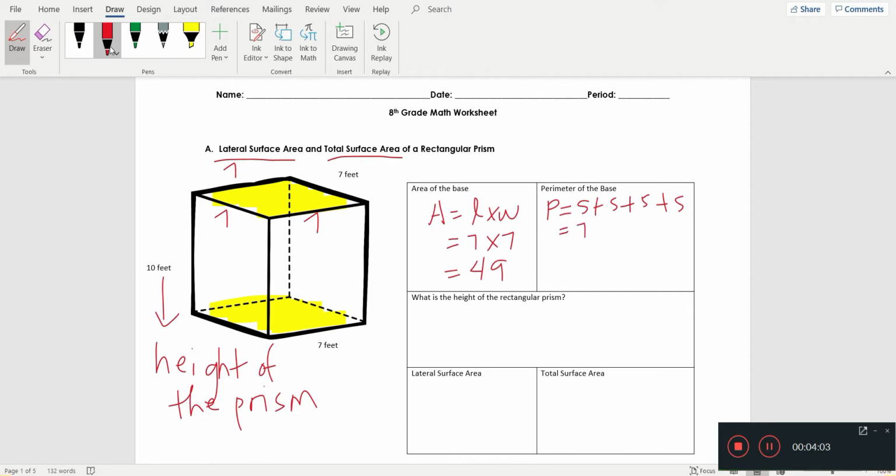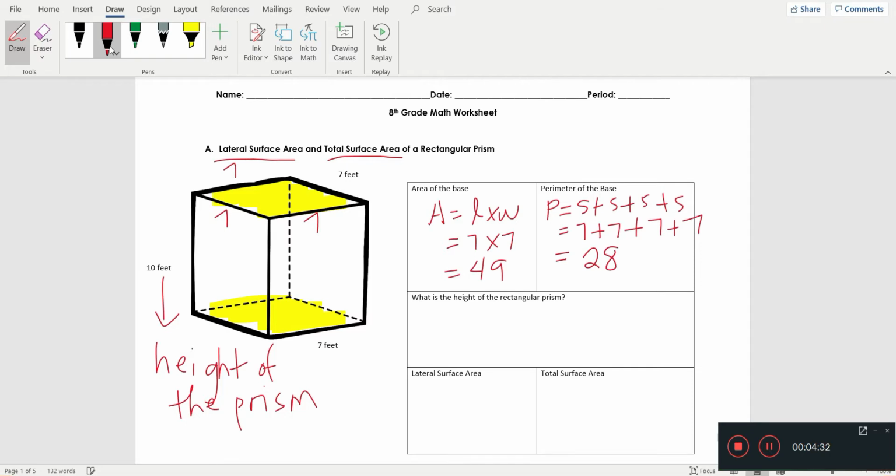So I just tell them to stick with adding all the sides, and not to confuse themselves by multiplying 4 times 7, because they think it's the same thing as 7 times 7. So I say focus on multiplication for the area and focus on adding for the perimeter, so that there is no confusion at all. If I add 7 plus 7 plus 7 plus 7, the answer is 28.